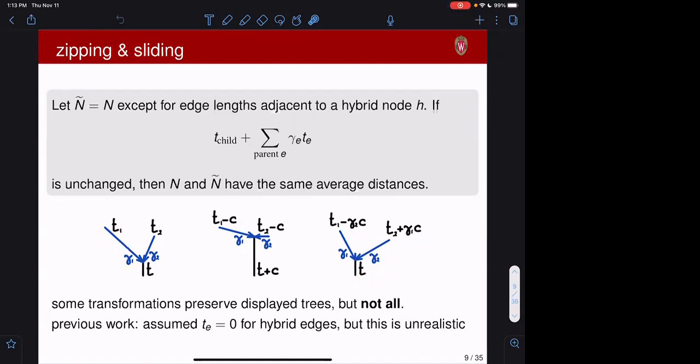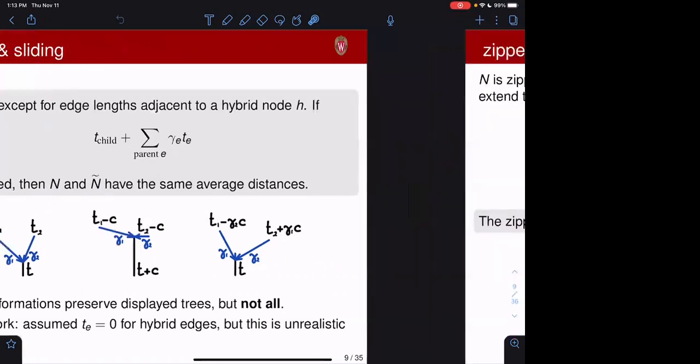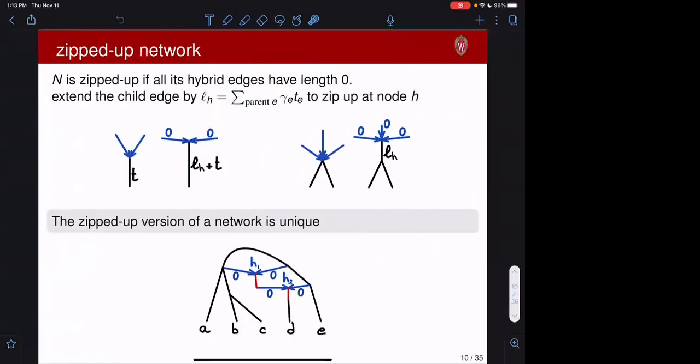So previous work really assumed that most of these hybrid edges had a length of 0 or some other assumptions. But this lack of identifiability was not clarified. And so it would be good to consider, for identifiability, Zip-top networks, which are networks in which all of the hybrid edges have a length of 0.